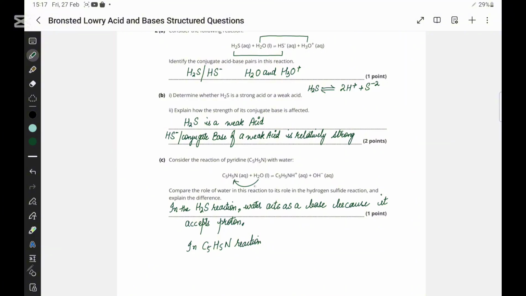So water is acting as an acid. Water acts as an acid because it donates a proton.